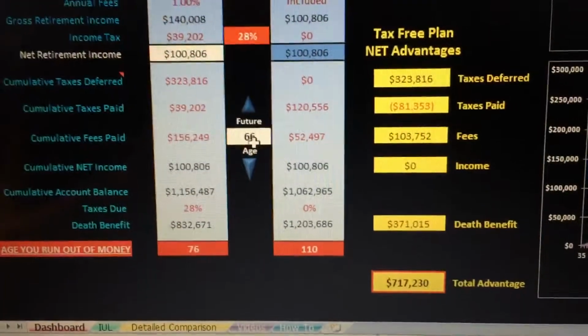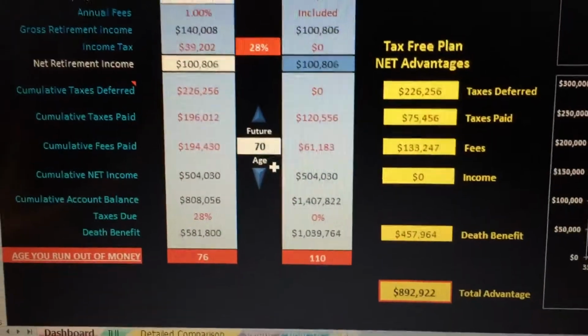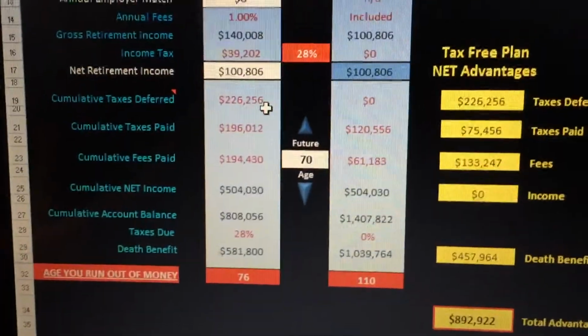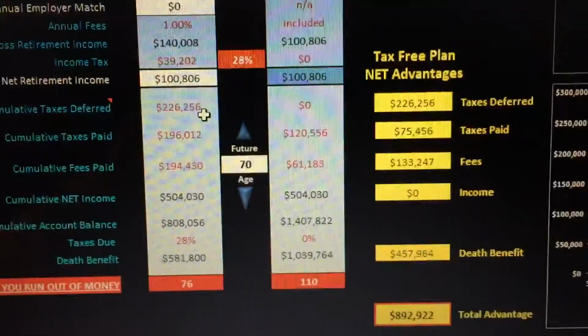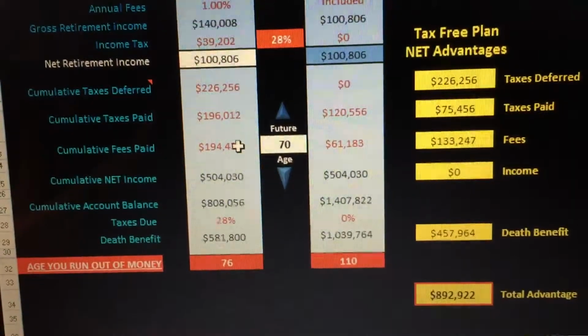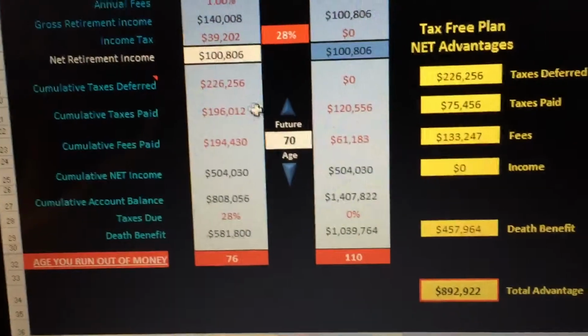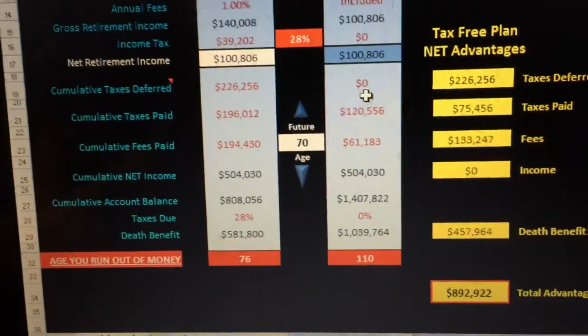Now let's put in age 70, which will represent 5 years of taking withdrawals. Okay, so let's take a look now. $194,000 in fees. They now have paid in $196,000 of taxes. Our number hasn't changed.